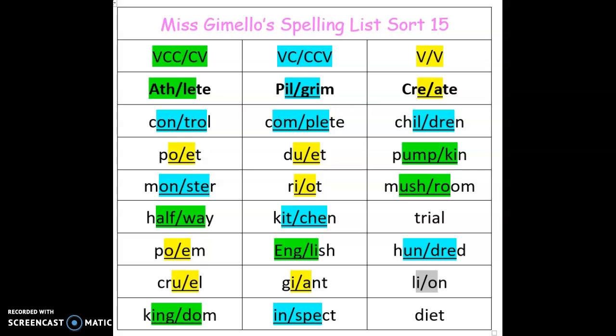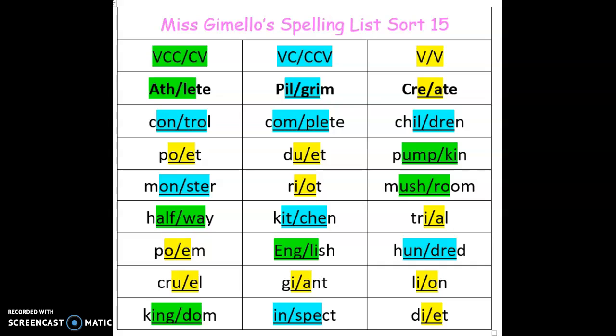Vowel, split, vowel. Oop, there's one hiding. Trial. Split that. Vowel, split, vowel. And truly, our last one. Diet. It almost sounds like we're chanting. That's what 2 syllables sounds like.